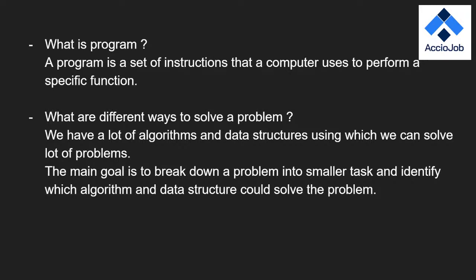These sets of instructions make a program. We can have multiple sets of problems, and in order to solve all these problems, we have a lot of algorithms as well as data structures which we can use.